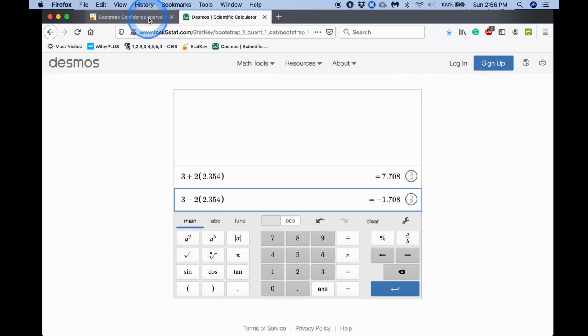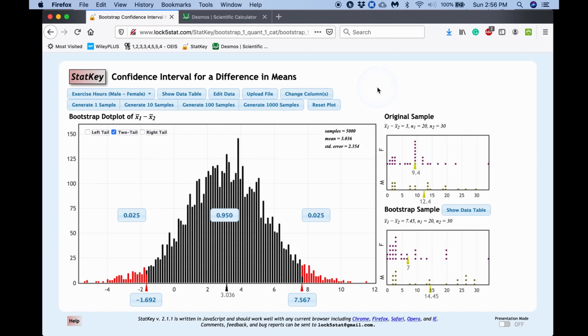So no matter if you do it by the best estimate plus 2 times SE method, or you do it by having StatKey count for you and carve out the middle 95%, either way, you're getting your 95% confidence interval, in this case for the difference in means. Okay, let's go back to the class notes.